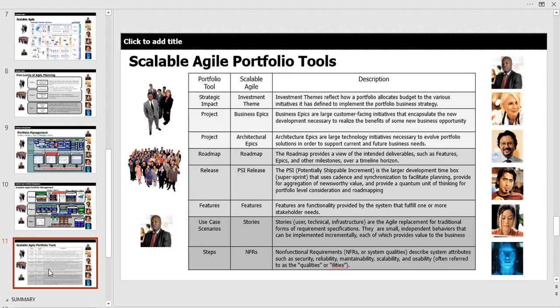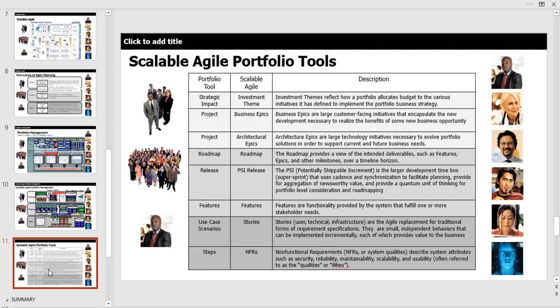Super sprint, we might call it, that uses cadence and synchronization to facilitate planning, provide for aggregation of newsworthy value, and provide a quantum unit of thinking for portfolio level consideration and road mapping. So the road mapping is your breakdown of what you're trying to accomplish. Your potentially shippable increment is an agile term, or a scalable agile term, but it could also be a minimum viable product. Again, it just depends on how your shop wants to communicate.